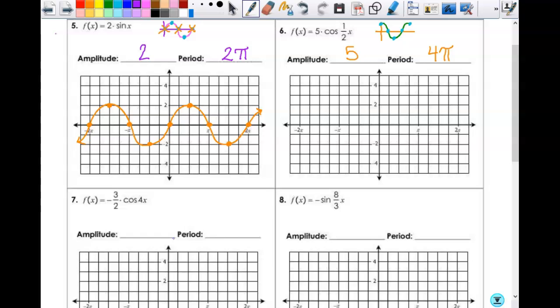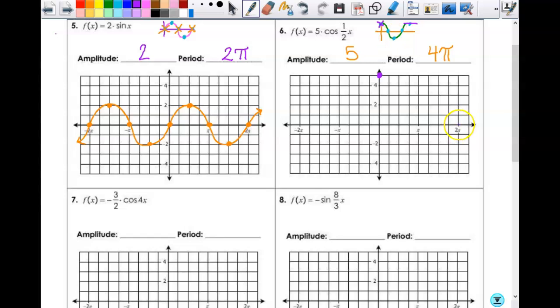So for my cosine parent function, I start at 0, 1, but I'm not going to be at 0, 1. I'm going to be at 0, what? 5. So I'm going to put the point there. So I've taken care of that point. So now I'm going to find the end of the period. The period is 4 pi. Well, 4 pi is way off my graph. So I can't even do that one. Just fine. So it's way over here somewhere. But then halfway between 0 and 4 pi, I have a minimum. Well, that's at 2 pi.